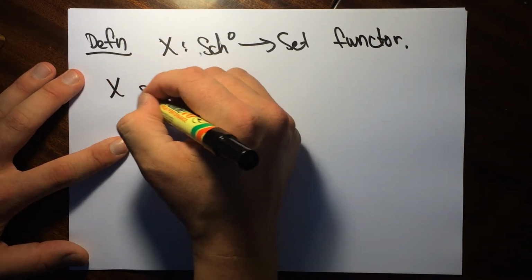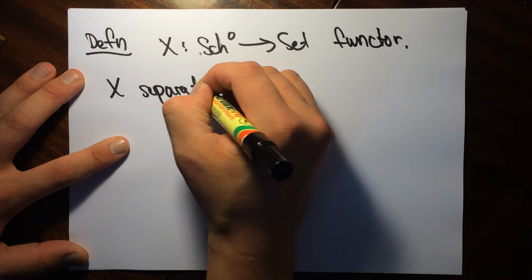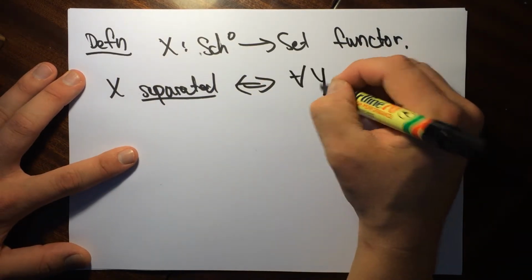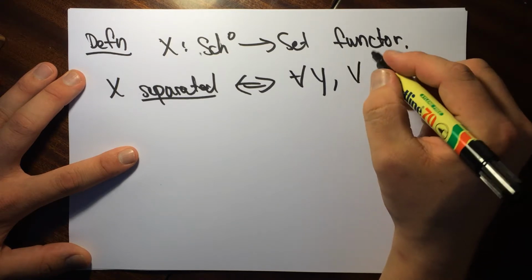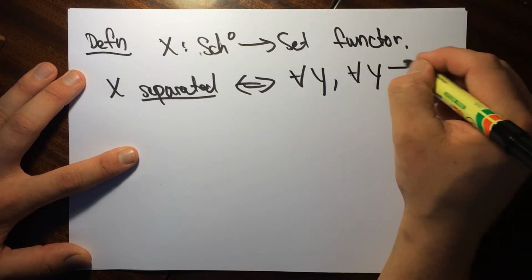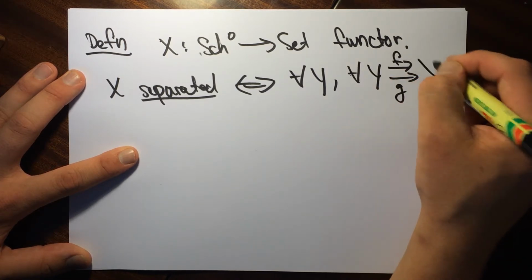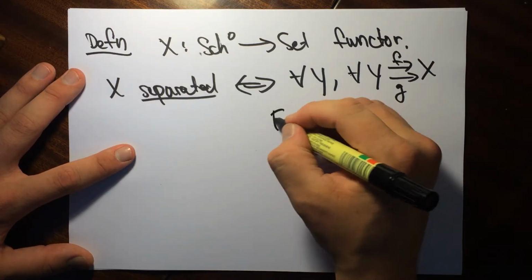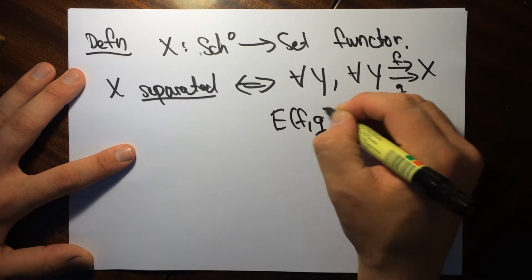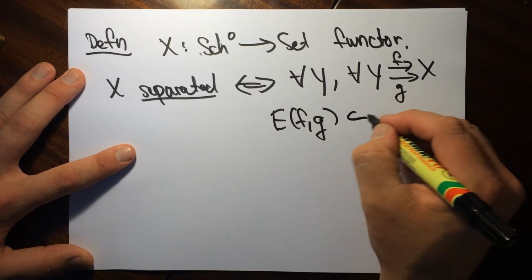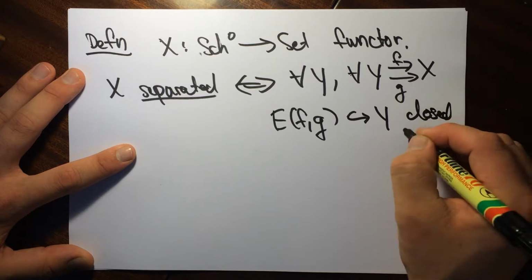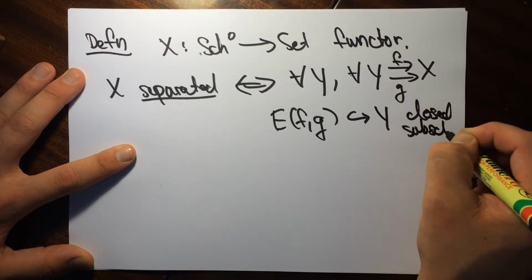We say that X is separated if and only if for every Y and every two maps, every setup like this where we have two F's and Y's to here, then the equalizer of the two maps, this goes into Y, as this is a closed subscheme.